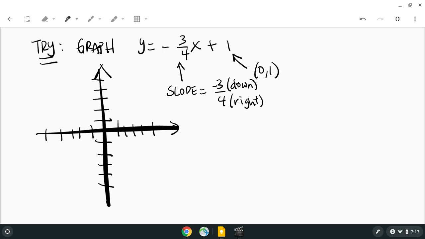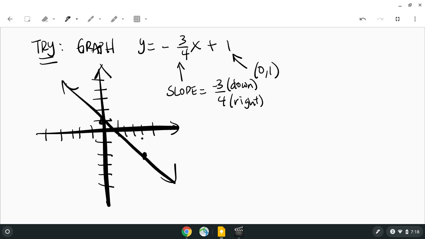All right, so 0, 1, it's right here. And then we're going to go down 3, 1, 2, 3, and then to the right 4. 1, 2, 3, 4. So this is the graph that you should have gotten.